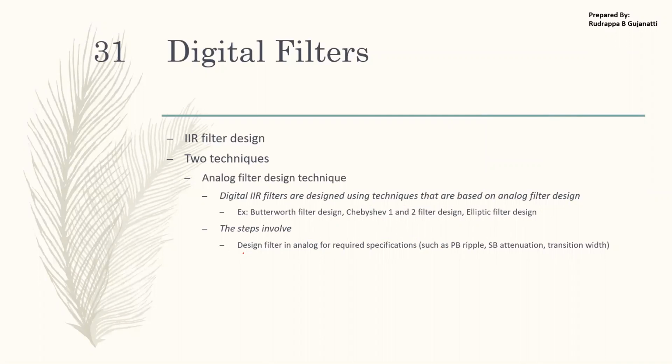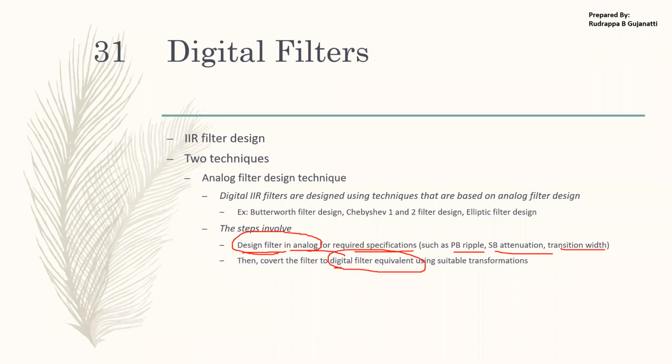So the first step is to design the analog filter equivalent with the required specifications such as passband ripple, stop band attenuation, and transition bandwidth. Next, convert the analog filter you have designed into its digital equivalent using some transformations.